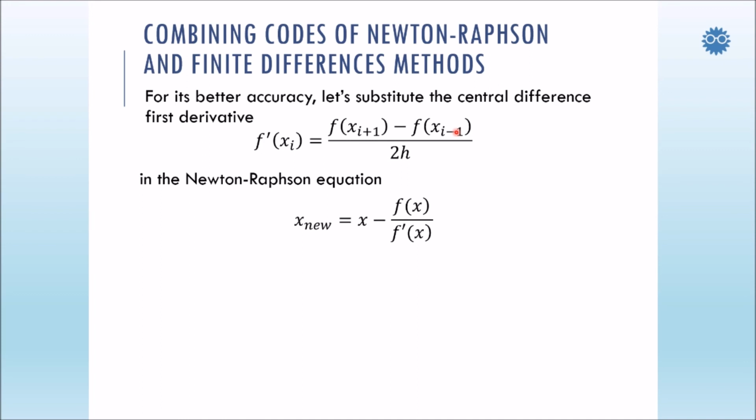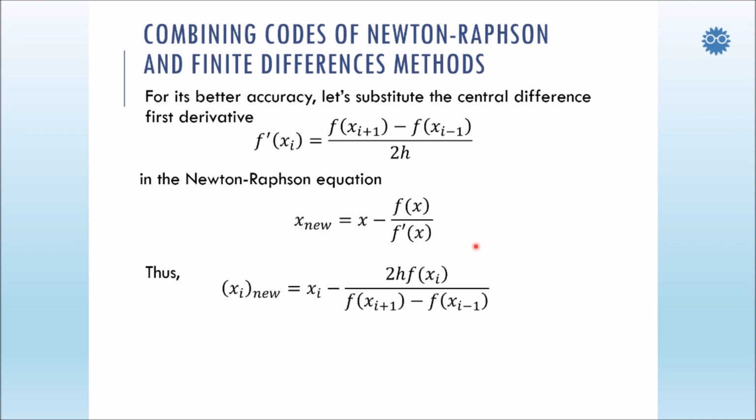So the combination will be by taking the left side of the central differences formula of the first derivative, and we will substitute it in the denominator here of the Newton-Raphson equation.